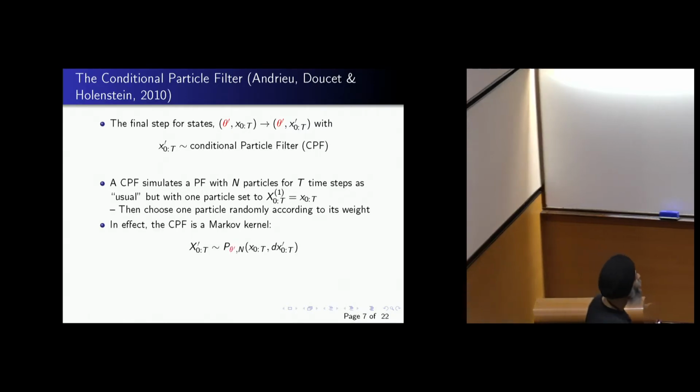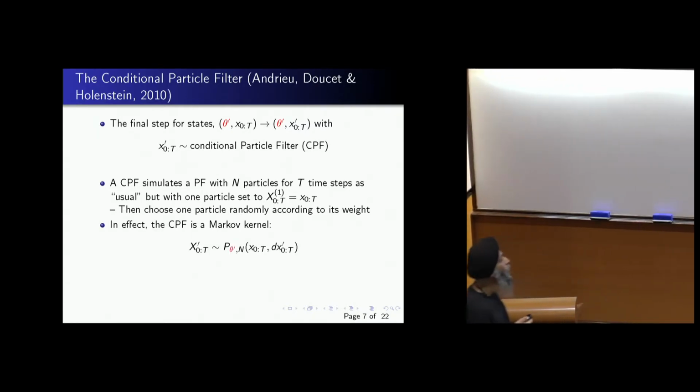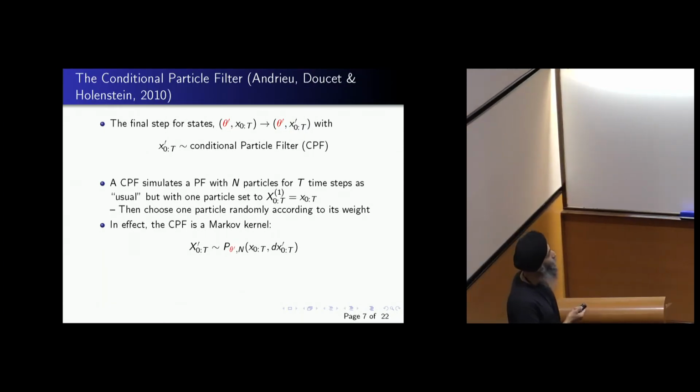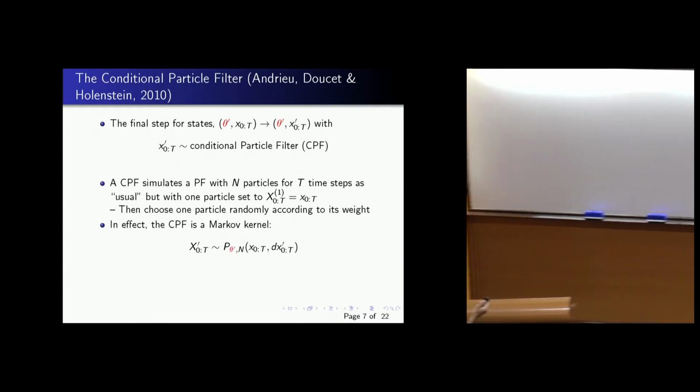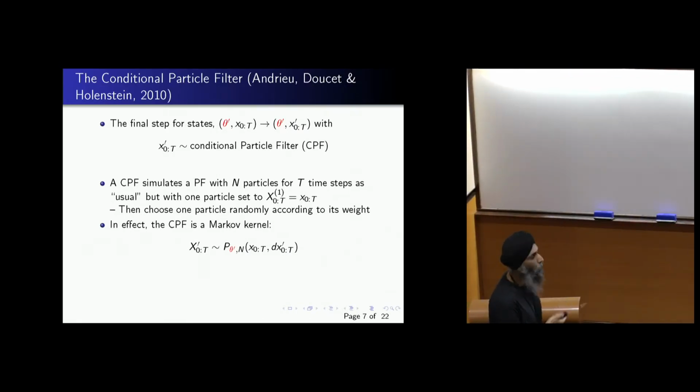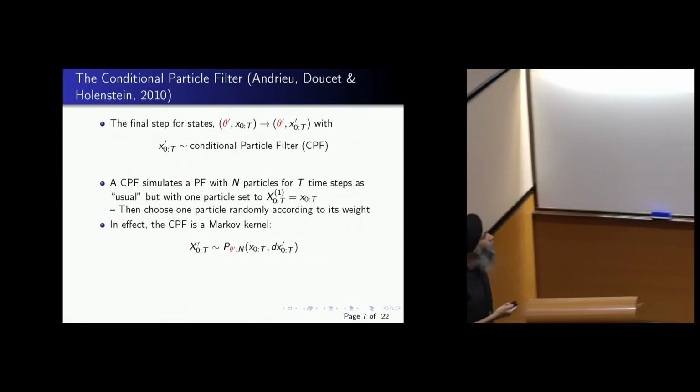And in effect, what the conditional particle filter is doing is defining a Markov kernel. So we can think of the output of the conditional particle filter as a Markov kernel that is seeded at the sample you are trying to advance. Obviously, it depends on the current value of the parameter theta dash, and the number of particles you invest in this conditional particle filter.